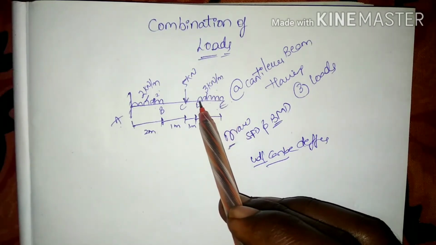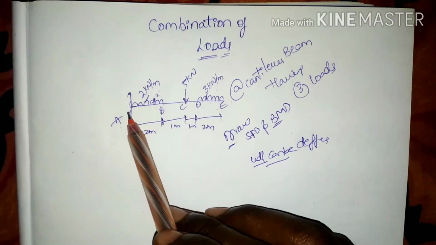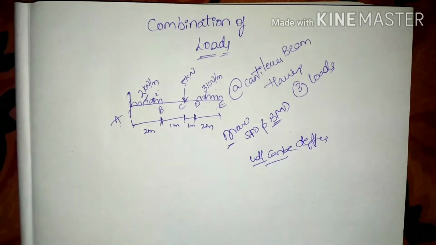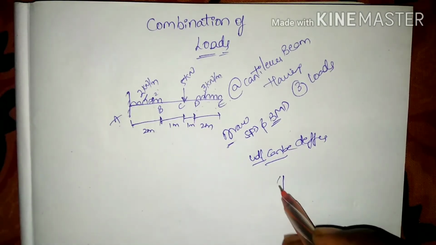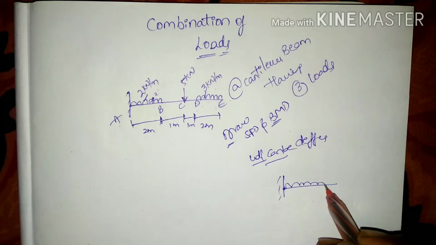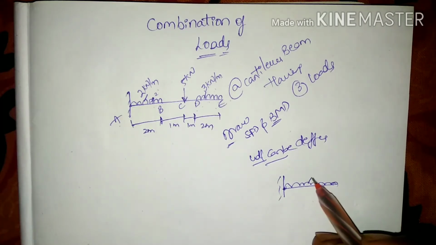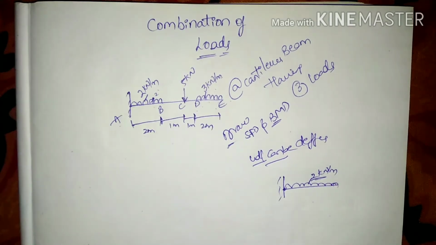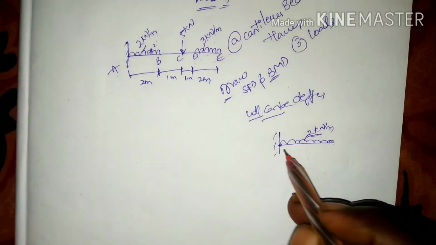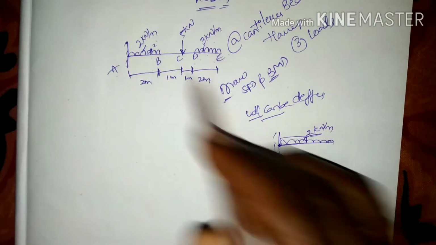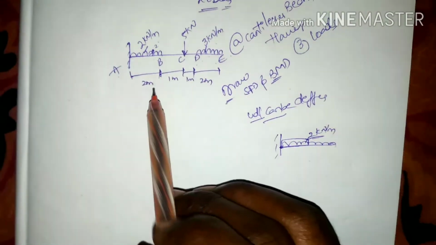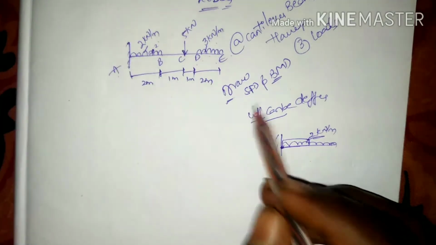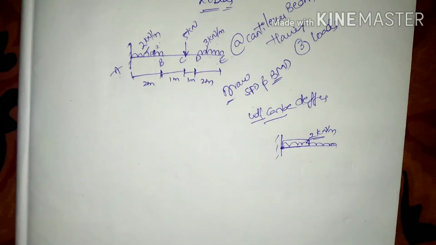In the last videos we completed a fully spanned UDL with only one magnitude, whatever the value. Here it is not fully spanned, so it may differ. For this we are going to draw the shear force diagram and bending moment diagram.